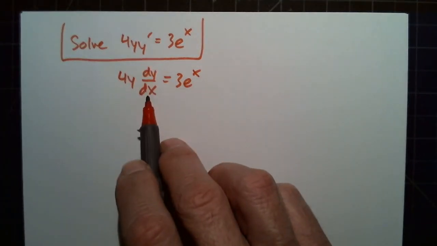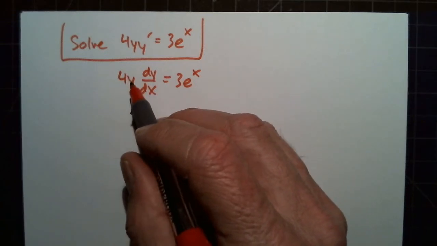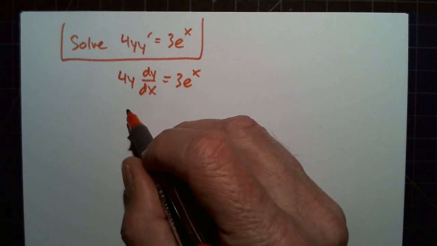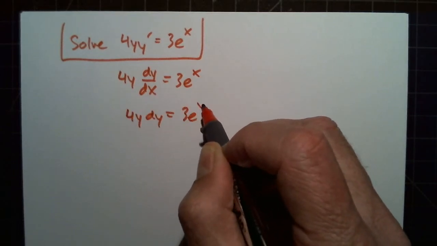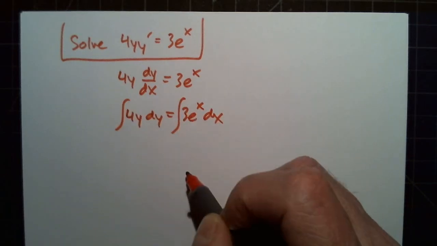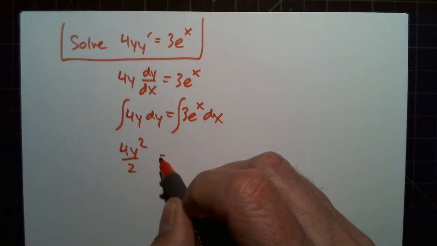Rewrite y prime as dy dx, and let's separate the variables. 4y is going to stay, and we just need to move the dx. 4y dy, 3e to the x dx, integrate 4y squared over 2.